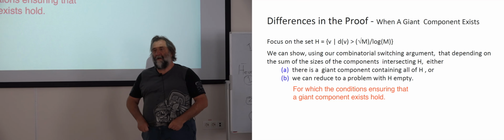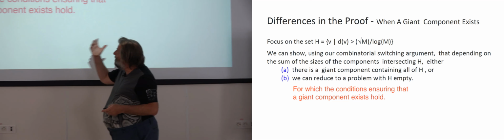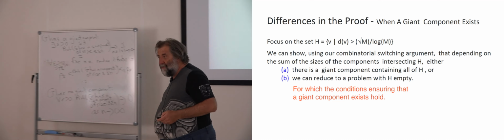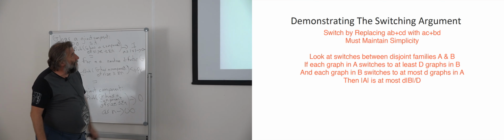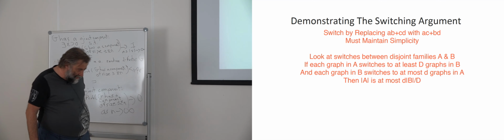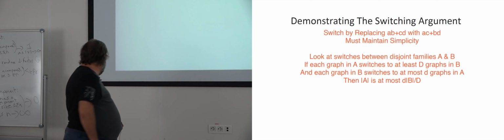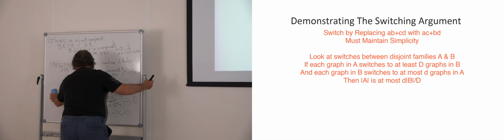So we combine the branching process, the probabilistic arguments, with this combinatorial swapping argument, which I call switching. By combining those two things, we can see exactly what's going on for all degree sequences.